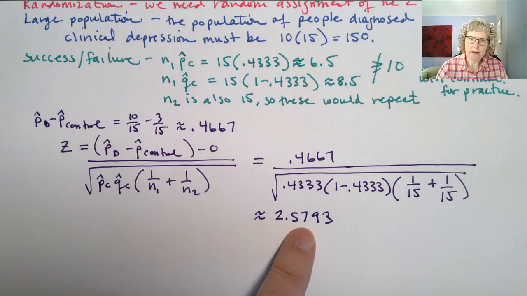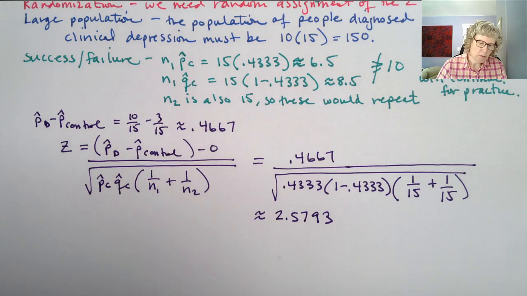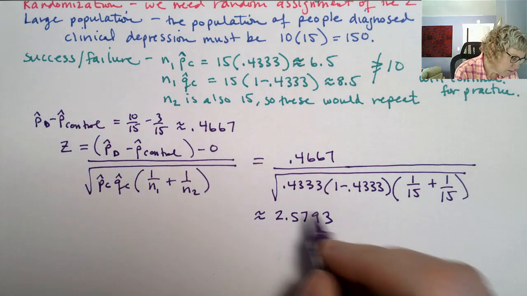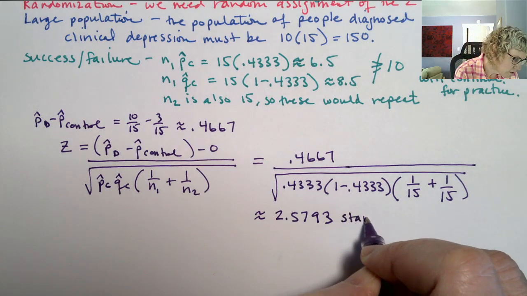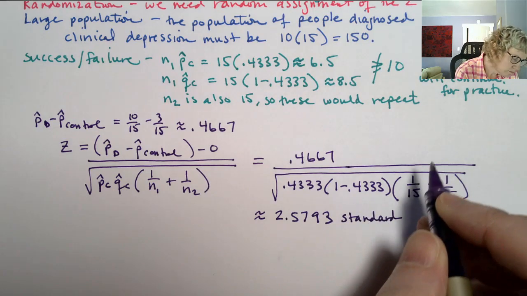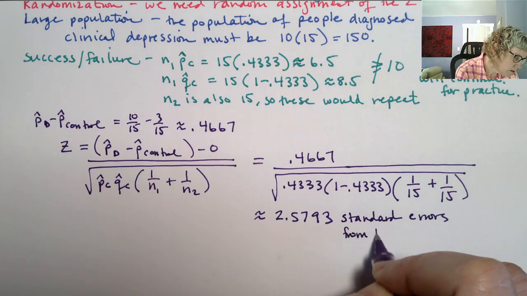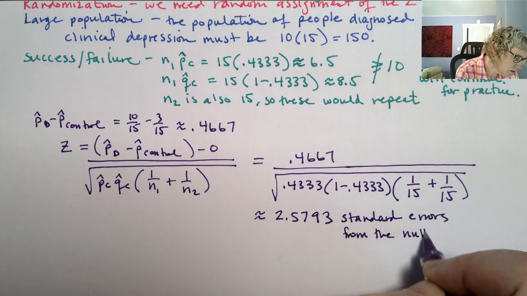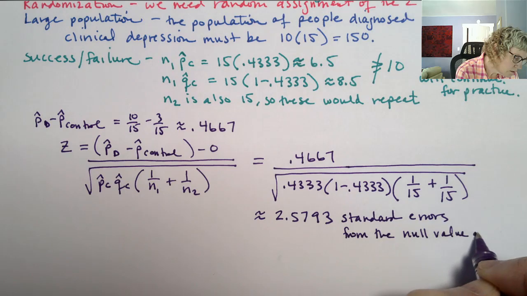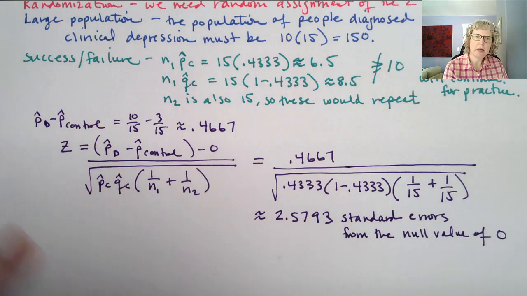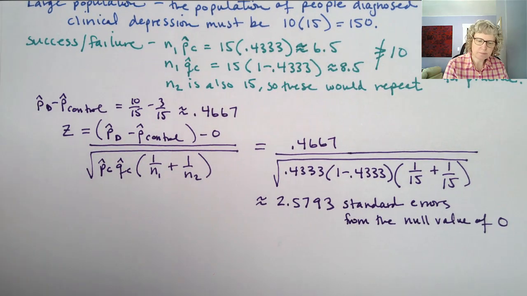Over 2.5 standard errors away from the null, but we want to see how unlikely that is. So, and I'm going to write standard errors from the null value of 0, just to remind us what that means.